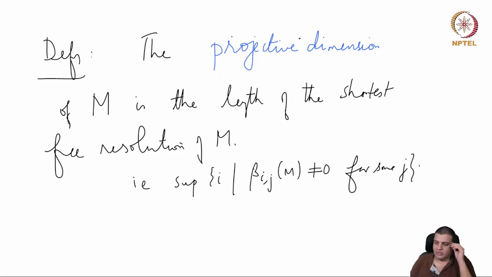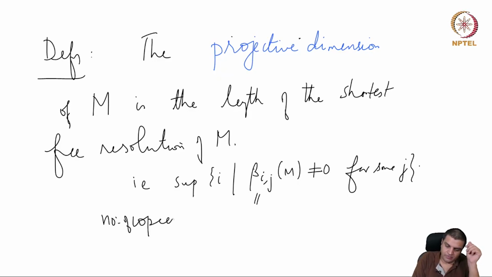So in the next 2 lectures, we want to discuss another invariant coming from the graded Betti numbers. Remember, this was just the number of copies of R minus j in Fi.